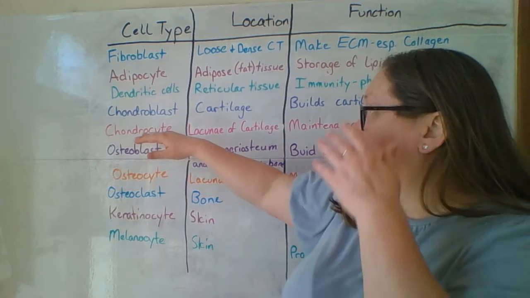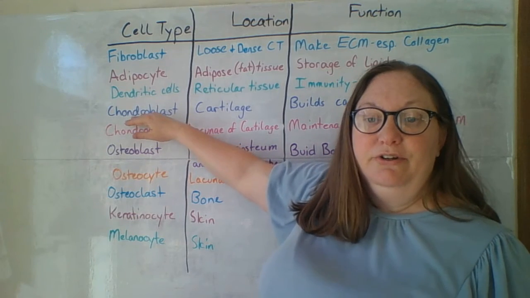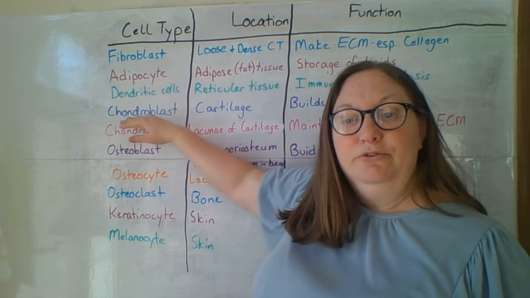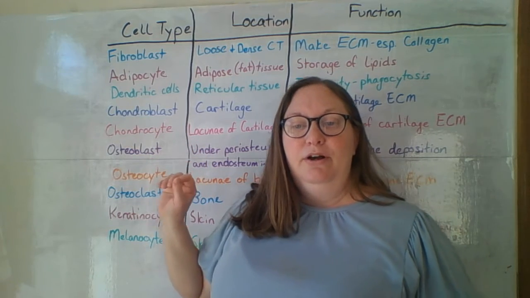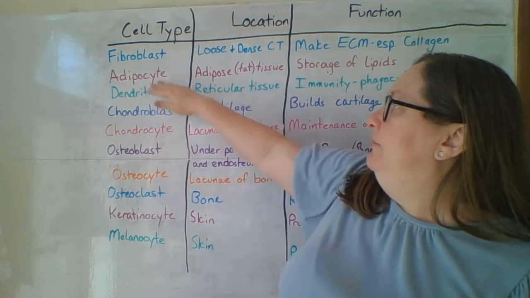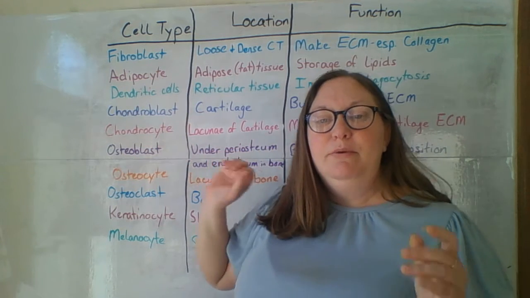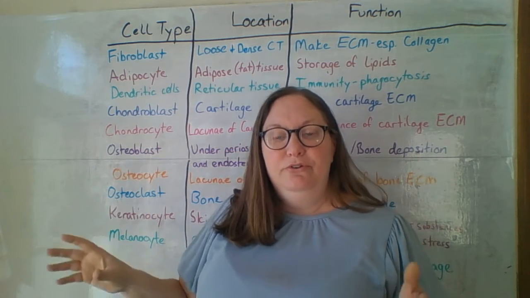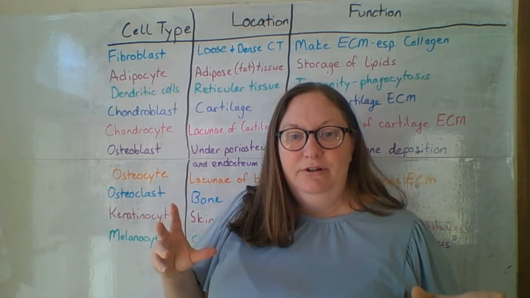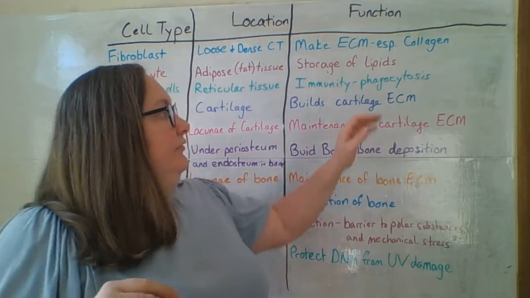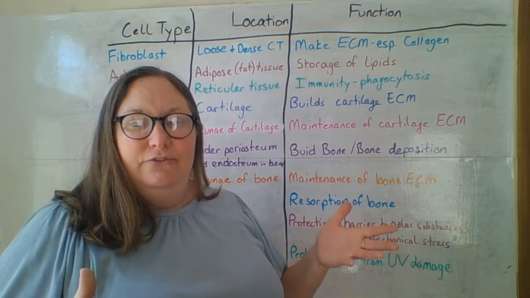All right. Next we moved on to cartilage, and we saw chondroblasts. Now the name is similar, fibroblast, chondroblast. If you remember back to fibroblasts, those were mature cells that acted immature. So what does it mean that they act immature as cells?